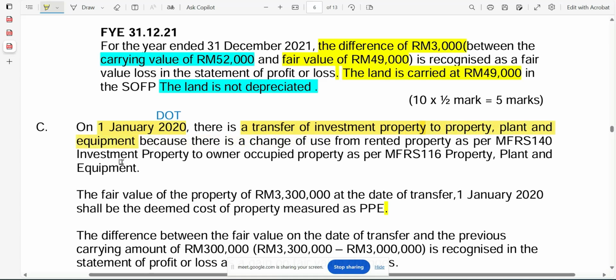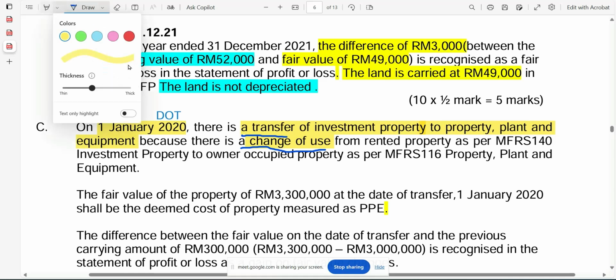So that was showing what caused the transfer, and here there is the evidence. The reason is because there is a change in use. The change in use is an important phrase for you to take note. The word transfer, a transfer. And give the evidence. The evidence here is the one that I will color in pink.